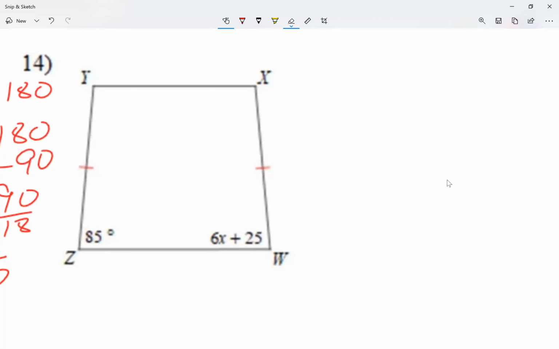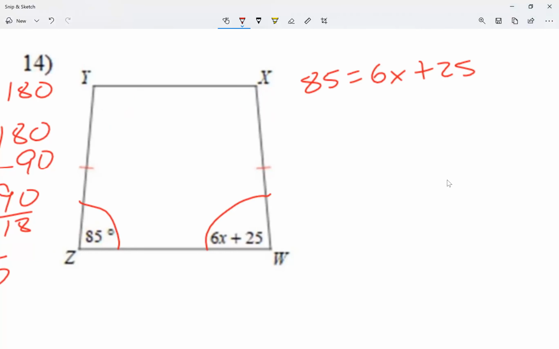Now, in this case, I'm going to say this 85-degree angle on the bottom is equal to this other angle on the bottom. So I'm just going to write 85 is equal to 6x plus 25. So in this case, I'm not adding them equal to 180. In this case, I'm going to let them equal each other.